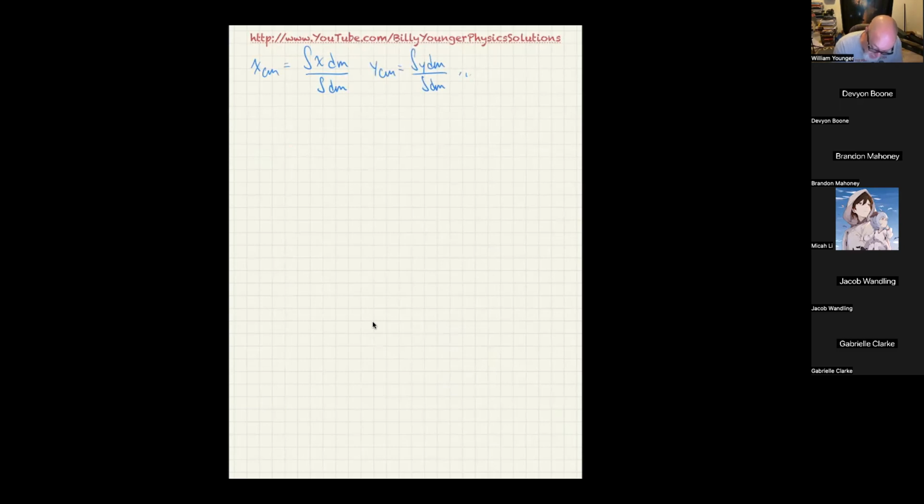But I'm going to give you a caveat that basically dm will be either lambda times dl, meaning it's a one-dimensional object. So you really only need one coordinate like lambda of x to tell you how the mass varies along the x-axis. A bicycle spoke, for instance, would be a really good one-dimensional object.